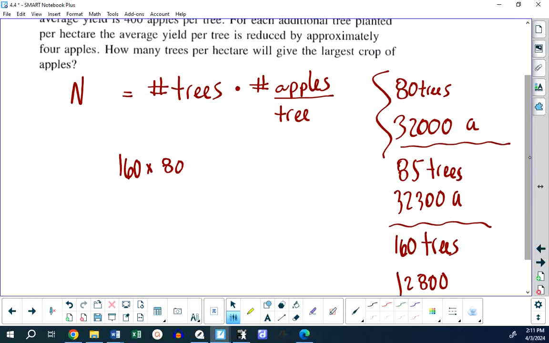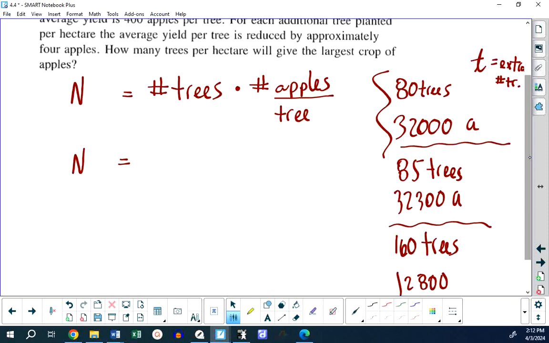So how do we define the other variable here? We need the other variable. I'm going to use t as the extra number of trees. Okay.